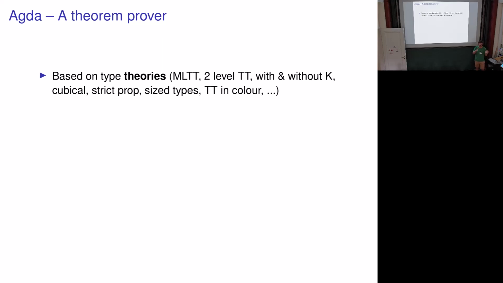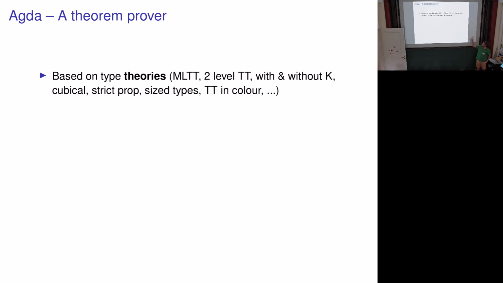And so unlike Rocq, it's not based on type theory, it's based on type theories because it's more of a playground for PL researchers. If you provide an implementation that doesn't break too many things, and if it breaks a lot of things, then maybe it's hidden behind a pragma or an option that's not turned on by default. But in theory, you could extend the system with whatever you want, as long as it's sort of compatible.